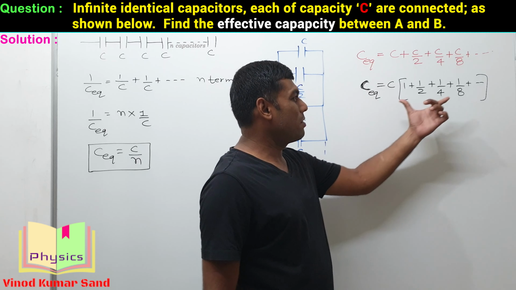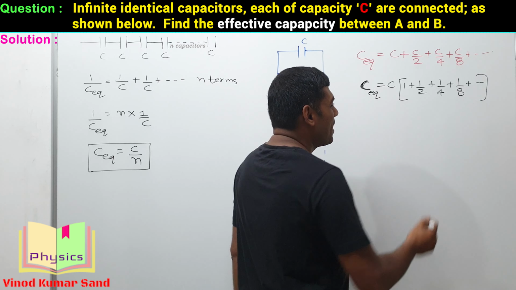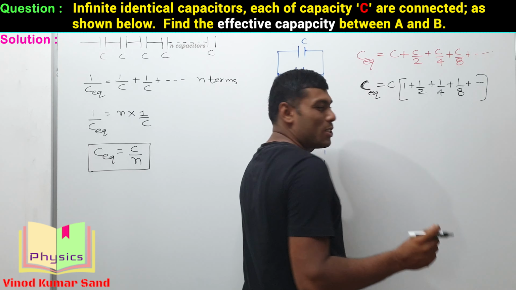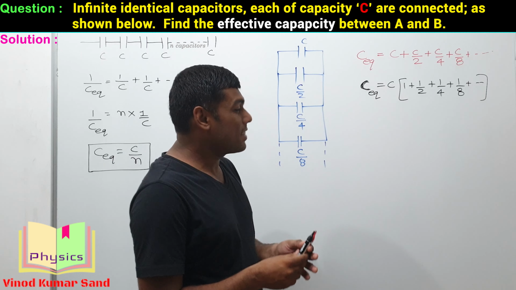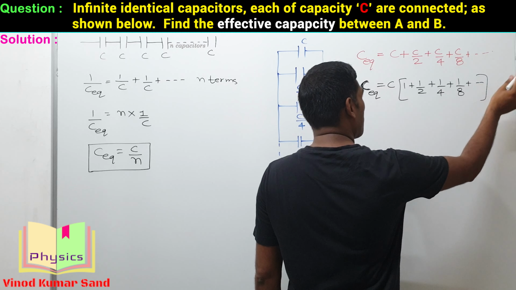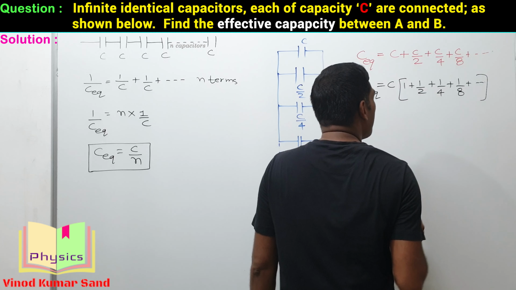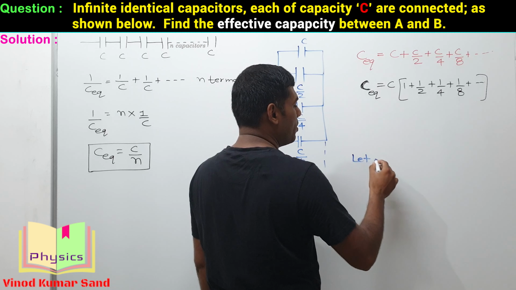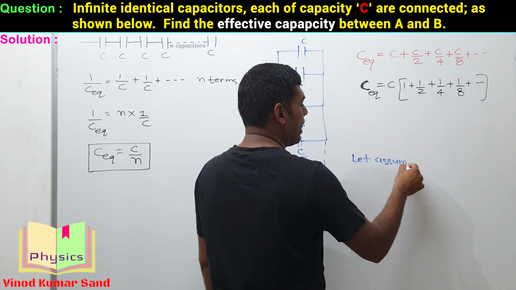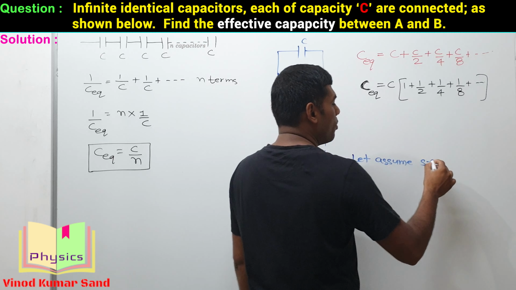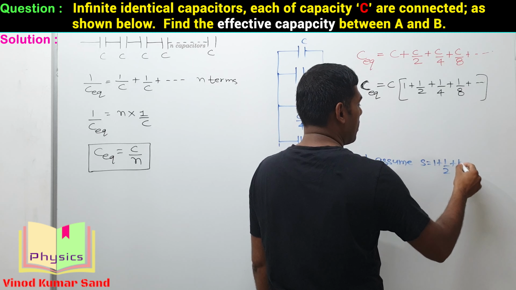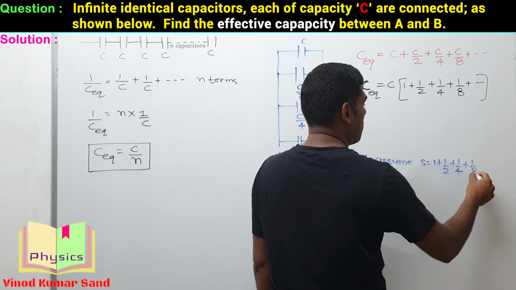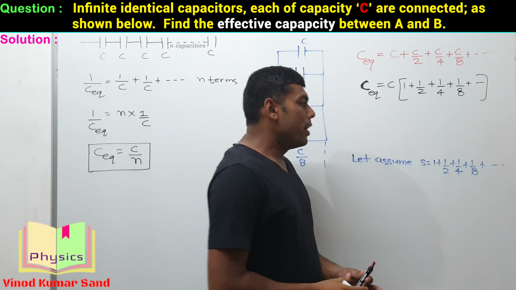Now, how to simplify this maths? There is a super method of solving this infinite series. This goes up to infinity. Okay? So, let us assume that S is equal to 1 plus half plus 1 by 4 plus 1 by 8 plus so on.